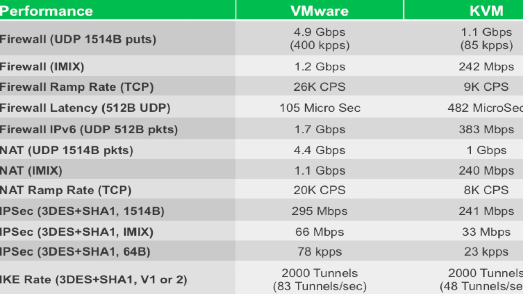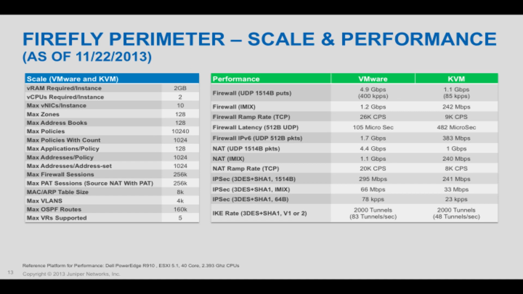But really, from a competitive perspective, the data sheets of Cisco and PAN and other vendors out there are all kind of in this ballpark. This is just a function of running a VM. And from a scale perspective, we do have a cap of memory right now that basically throttles some of those levels.